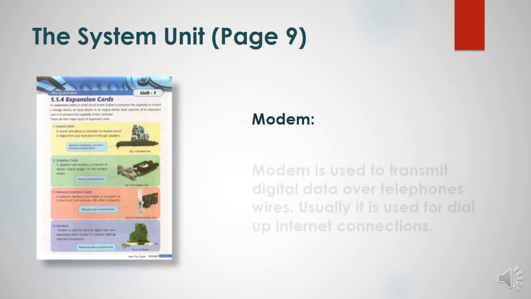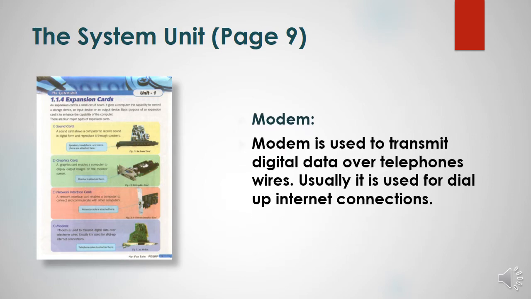Modem. Modem is used to transmit digital data over telephone wires. Usually, it is used for dial-up internet connections. Dear students, we have studied a lot about modems in 6th class and also in our previous lectures of 7th class.